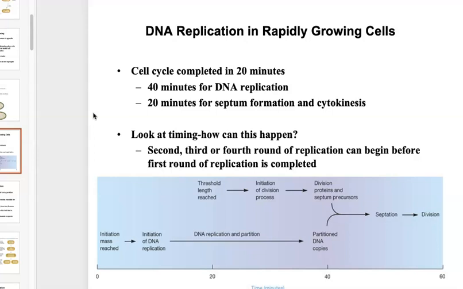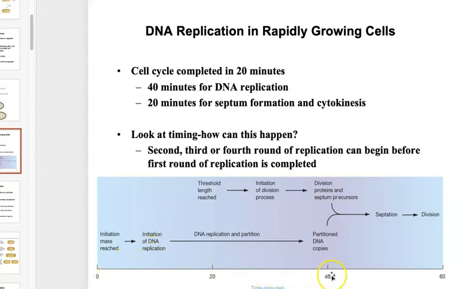And so how can this happen is the question that I have. And so the answer is that initiation of DNA replication has to happen much sooner. And it happens while these other things are starting as well. So there's multiple initiation points, and the timing has to be precise so that it precedes the initiation of cytokinesis.